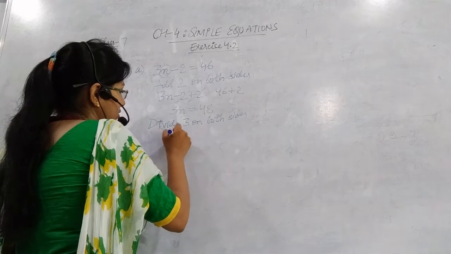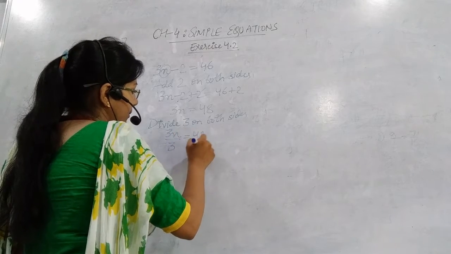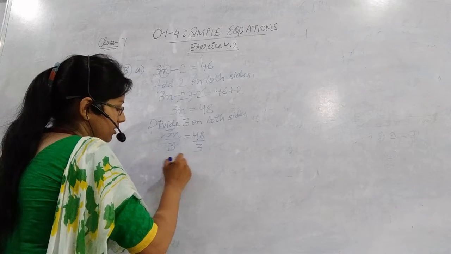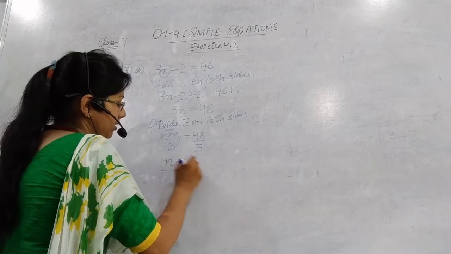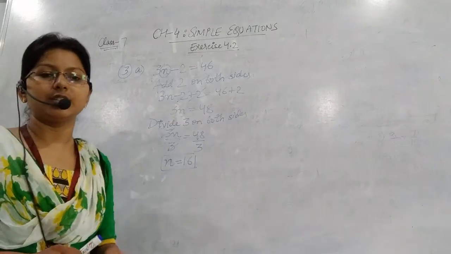Okay. So 3n divided by 3, 48 divided by 3. Here 3 and 3 cancel. So n is equal to 16. Okay, so 2 steps were needed to solve this equation.